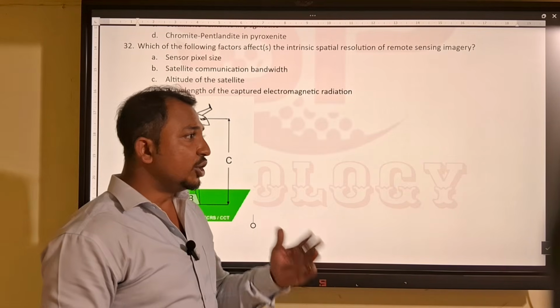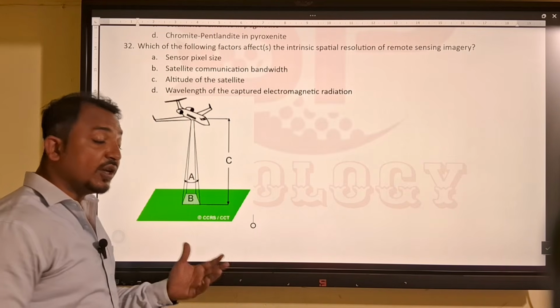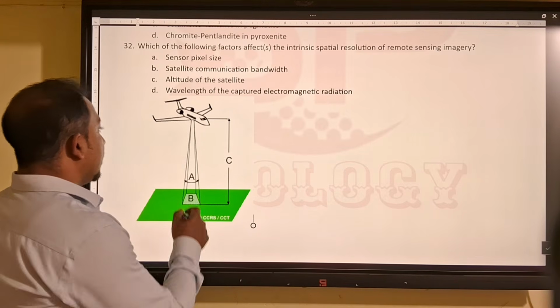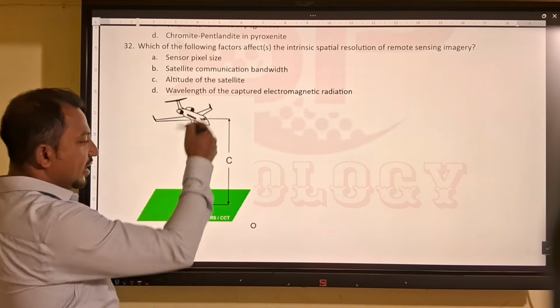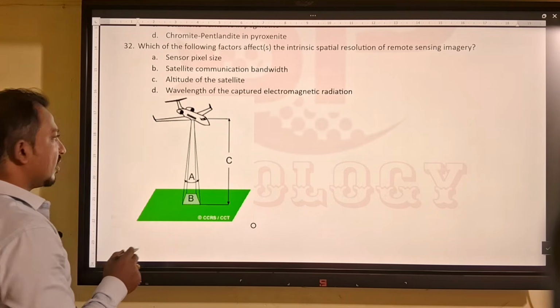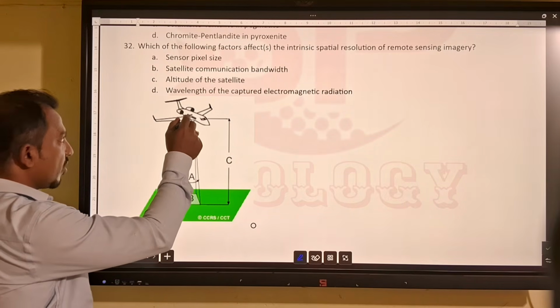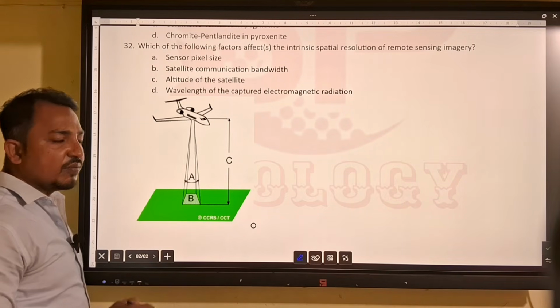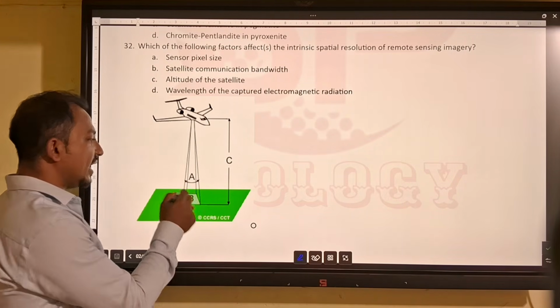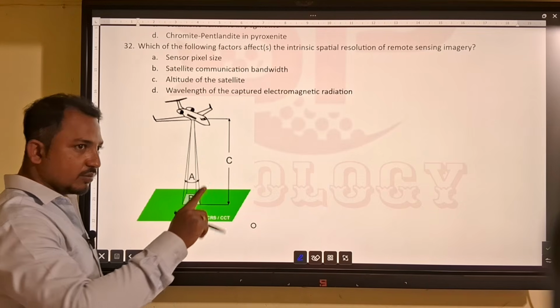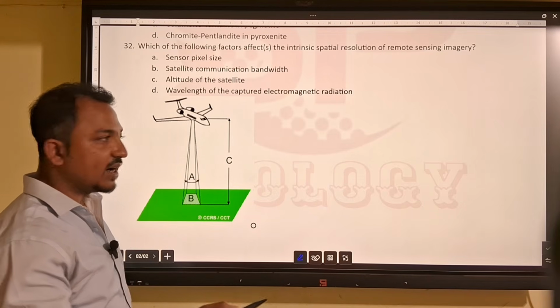That's why during remote sensing work, with a flight or satellite, the ray comes from the satellite and covers a certain area. So just imagine the spotlight.